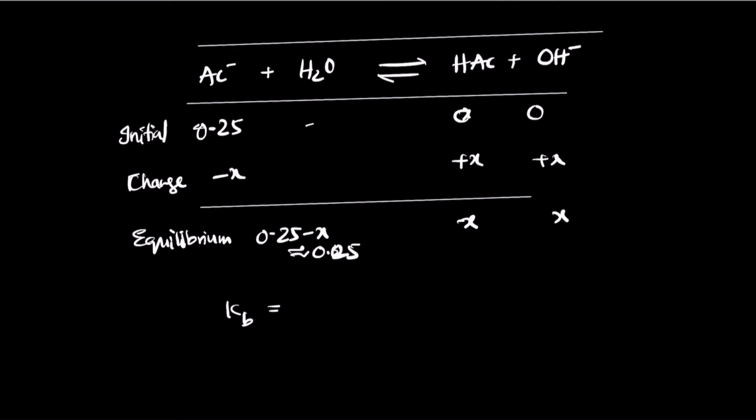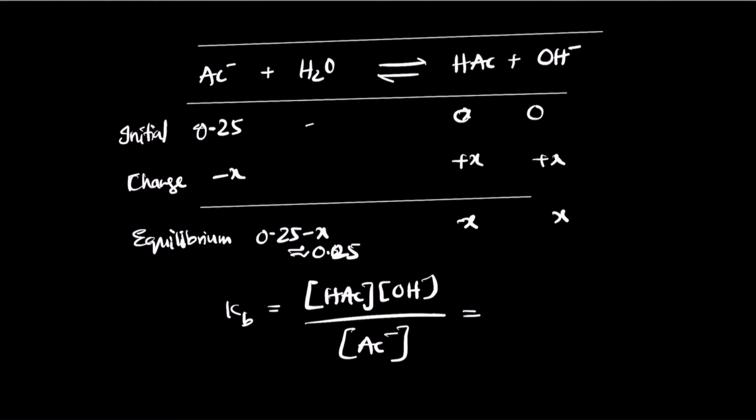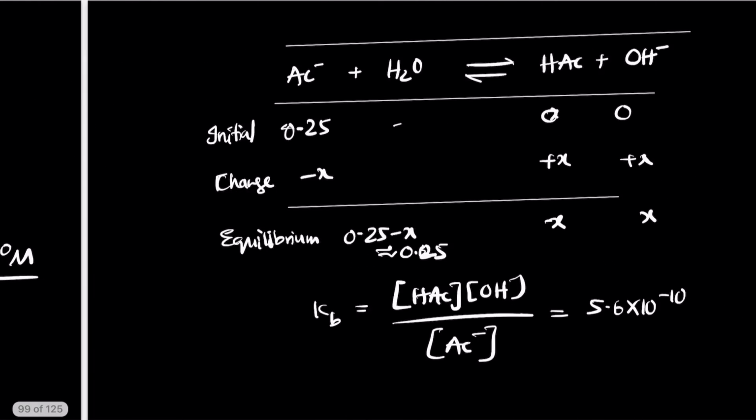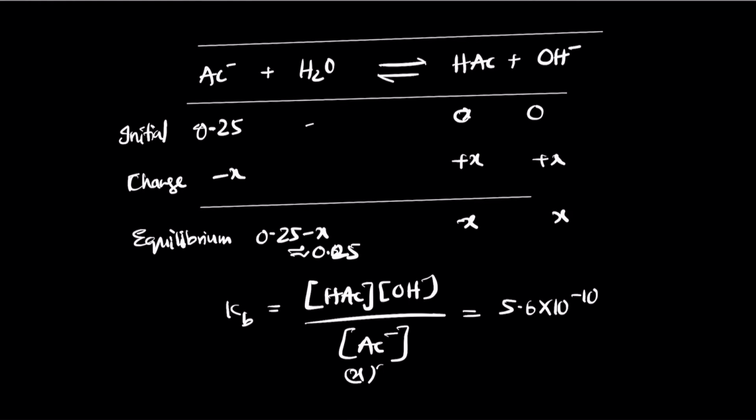So we can write that Kb, the formula is HAc times OH minus over Ac minus, which becomes equal to 5.6 times 10 to the power negative 10. Now substitute the values. That becomes x times x by 0.25 equals 5.6 times 10 to the power negative 10.